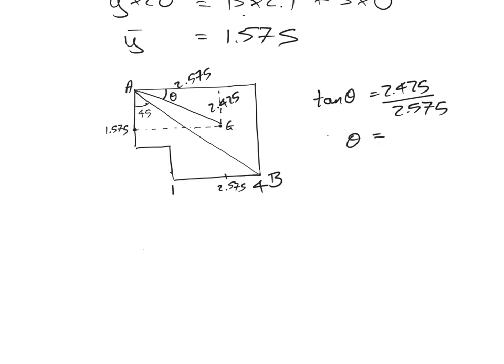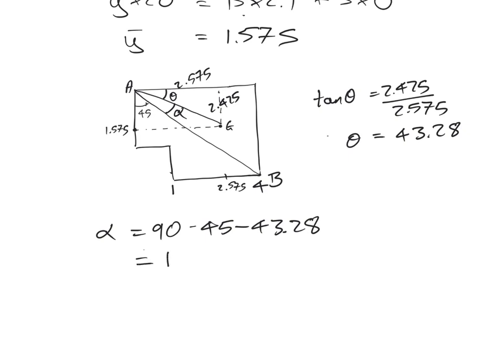So theta equals 43.28. Therefore, the angle that we want, alpha, equals 90 minus 45 minus 43.28, which is 1.72 degrees.